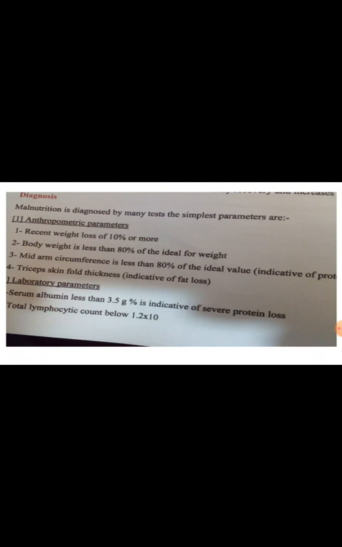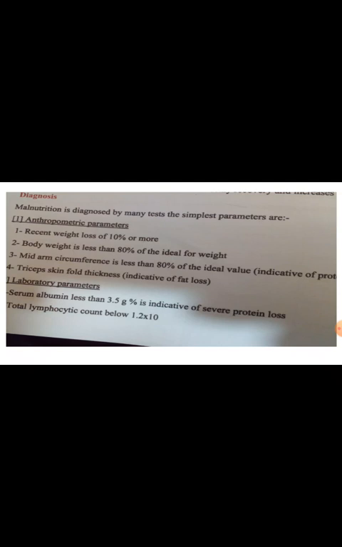Again, to summarize, nutrition in the surgical patient is important. Malnutrition in surgical patients causes complications, especially impaired wound healing and impairment of the immunity of the patient, leading to morbidity and mortality after surgery. What are the causes of malnutrition in surgical patients?